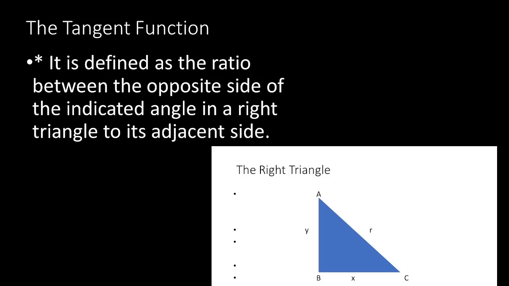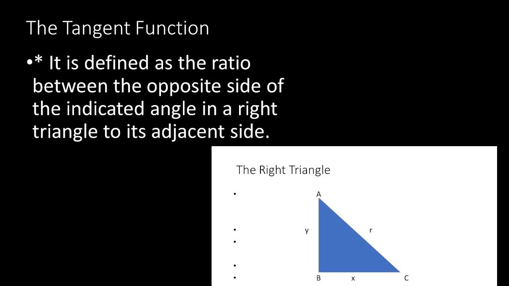The sine function is the ratio between the opposite side and the hypotenuse, so opposite divided by hypotenuse. The cosine function is adjacent over hypotenuse. And now we have the tangent function, which is the ratio between the opposite side and the adjacent side.